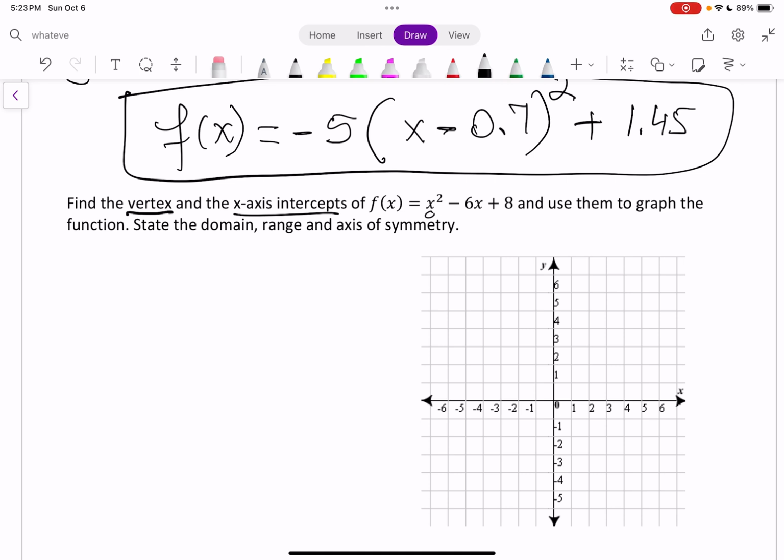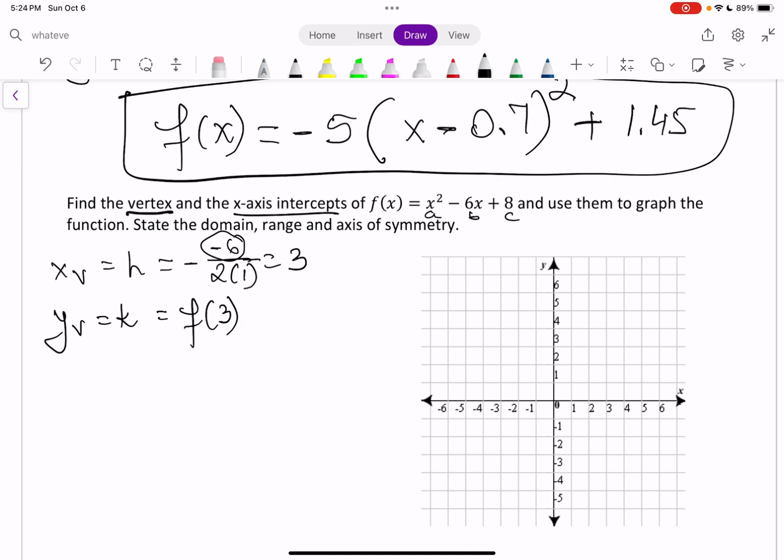This equation is given to us in general form, so the x-coordinate of the vertex is negative b over 2 times a. Again, b is negative 6, a is 1. So that's going to be plus 3. The y-coordinate of the vertex is what I get if I plug this 3 into my function.